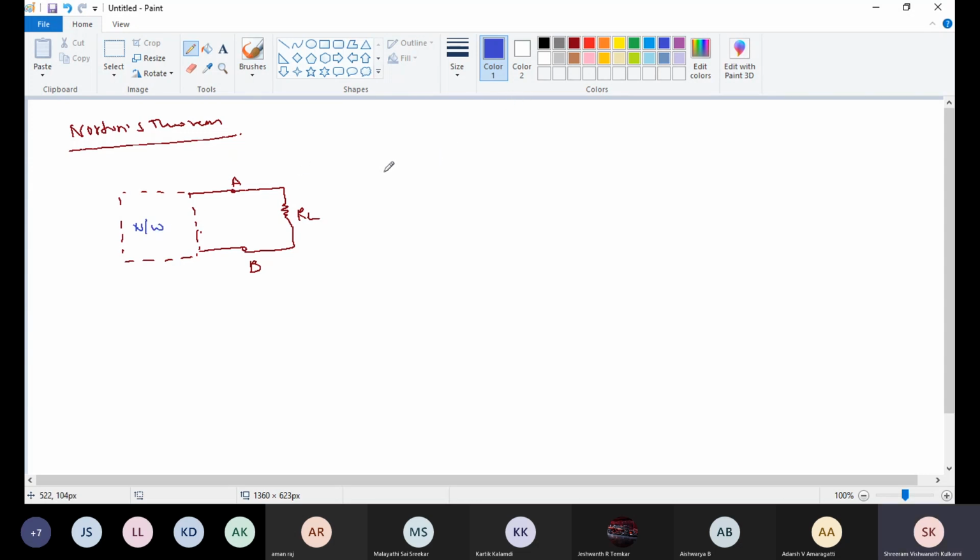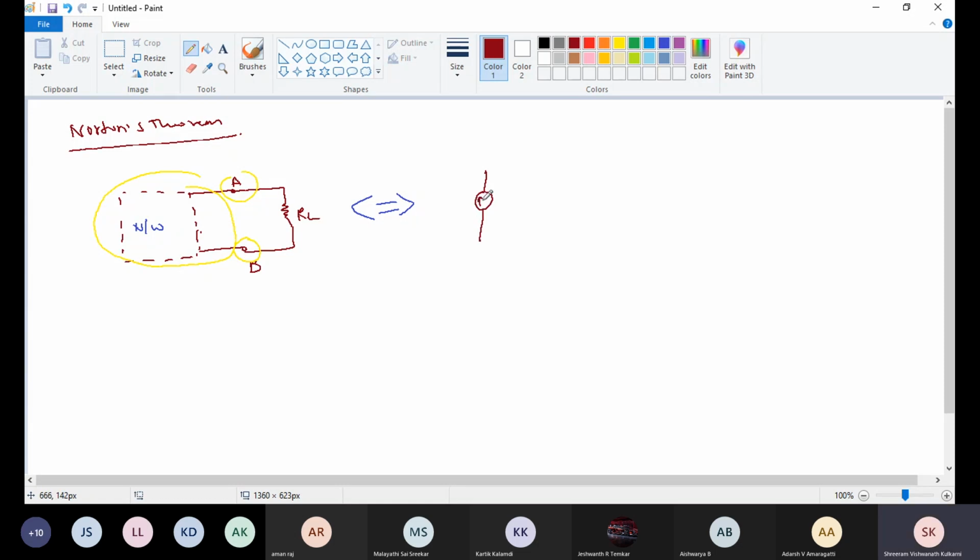It states that any two terminals of a network can be replaced by an equivalent current source and an equivalent parallel resistance. It means I am going to replace this network having two terminals A and B with an equivalent current source in parallel with the internal resistance. So I can draw like this.